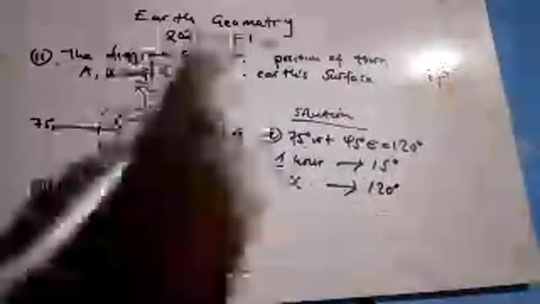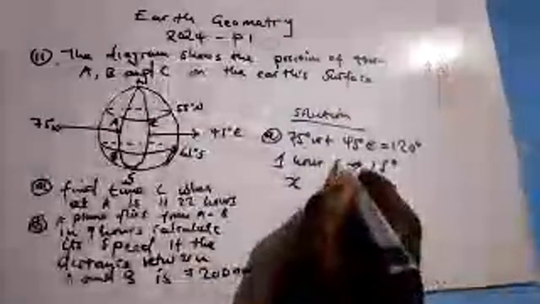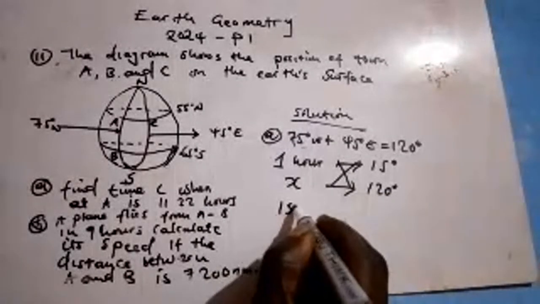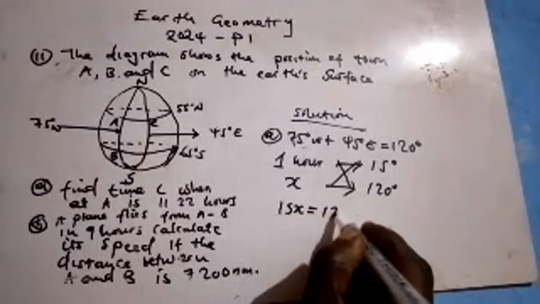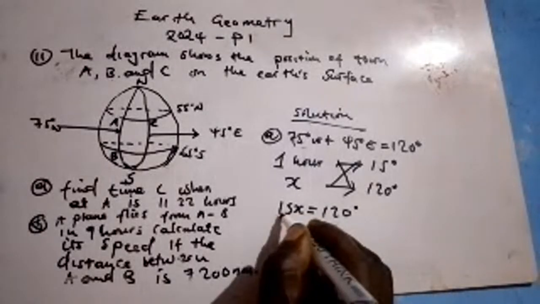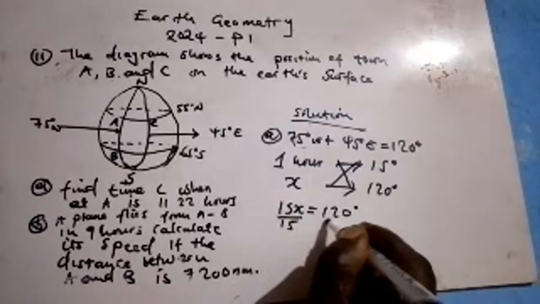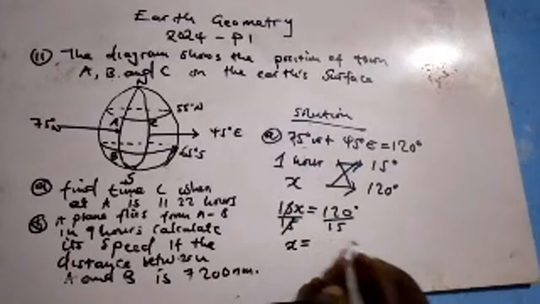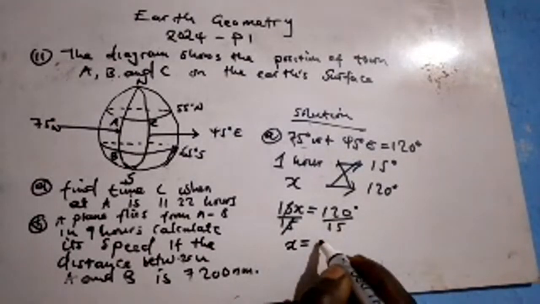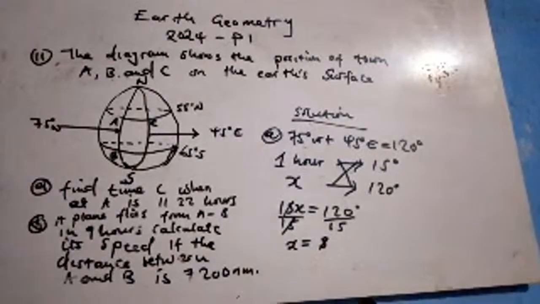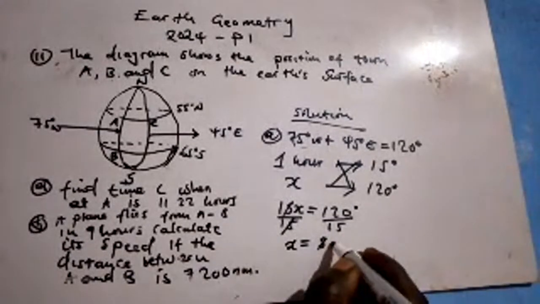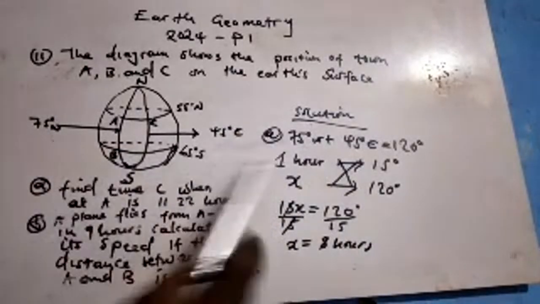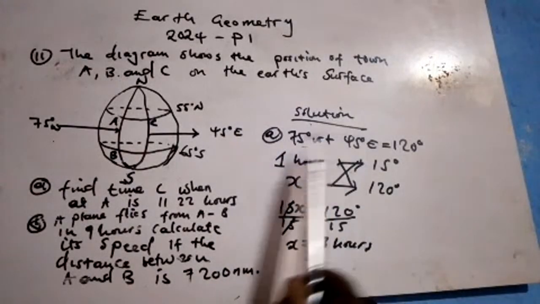Then here you cross multiply, in which you are going to have 15x equal to 120°. You divide by 15, so 15 into 120 is 8. So that means we have 8 hours as the difference of the two longitudes.